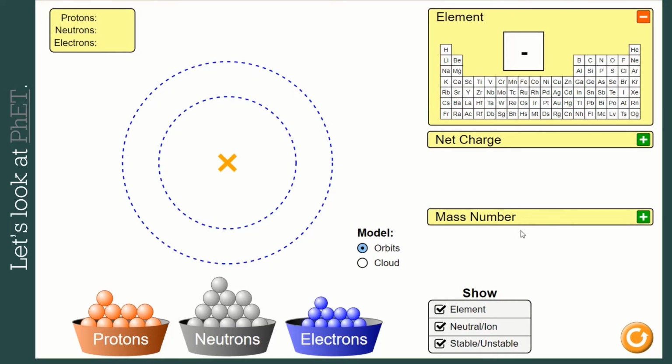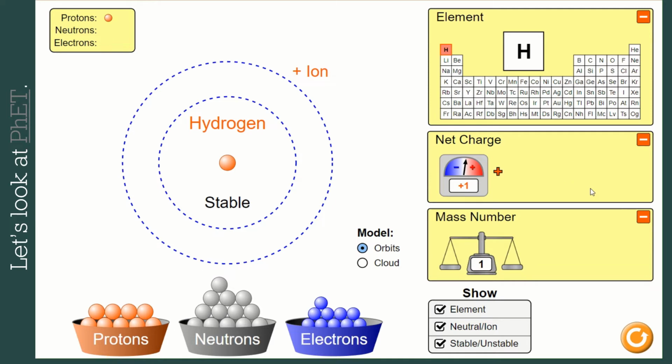All right, so let's look here, and we're going to look at some stability. So watch this. If I put a proton in here, it tells me, oh, this is hydrogen, and I can just open these so you can see what's going on. And it says that it is stable. If I add another proton, it becomes unstable. Why? What do I need to do to make it stable?